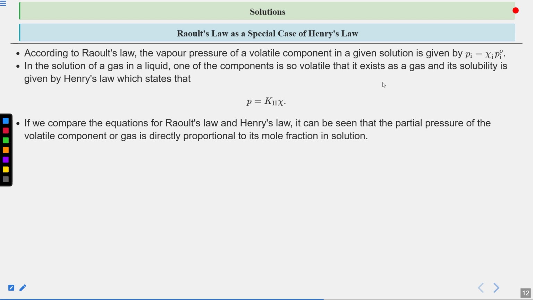If we compare these two equations, we can see one thing common, that they both have the pressure term and the mole fraction or the concentration term. But the difference is of the Henry constant and the P naught i, that is the proportionality constant. So the proportionality constant is different for both of these equations.